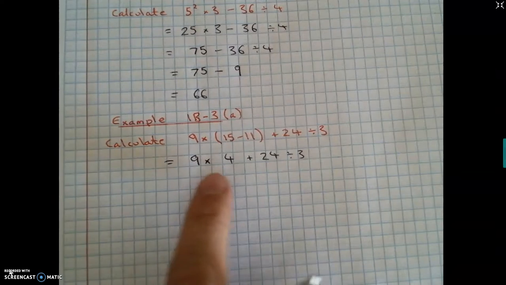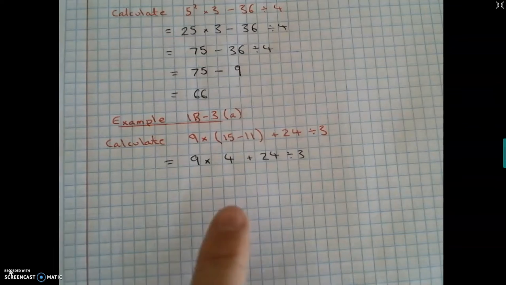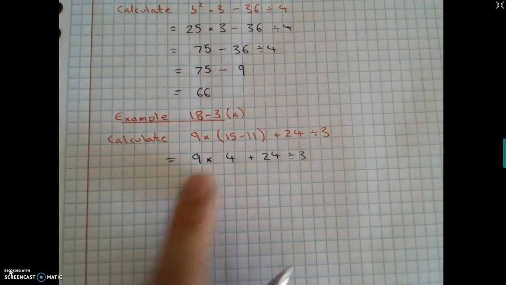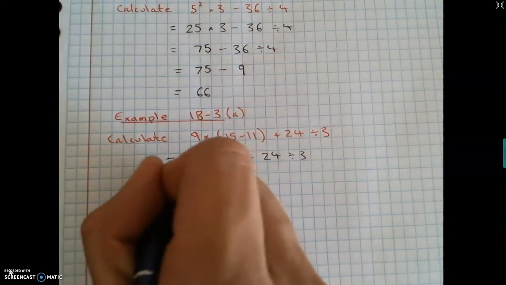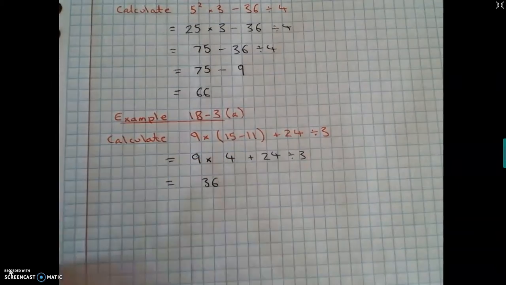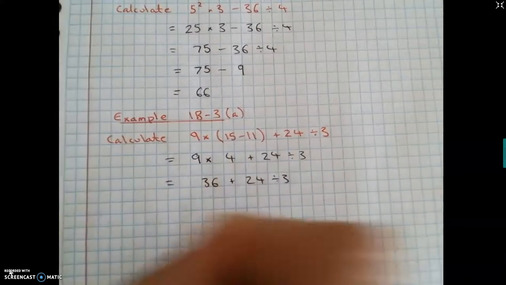Now, we've got a multiplication, addition, and a division. There are no indices here, so we skip that step. Multiplication and division is next. We know that the multiplication is going to come before the division because it is to the left. 9 times 4 is 36 plus 24 divided by 3.